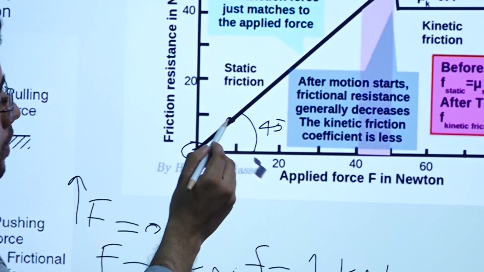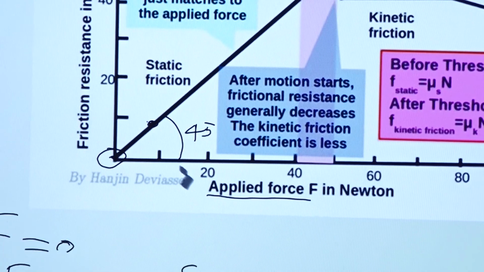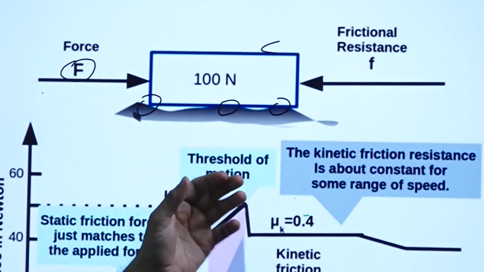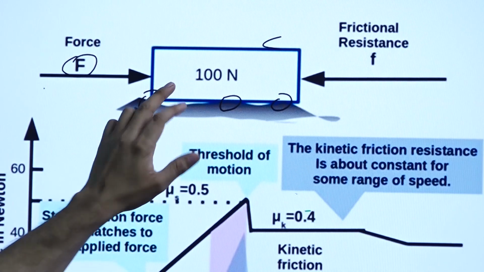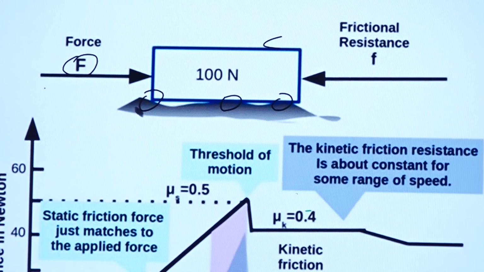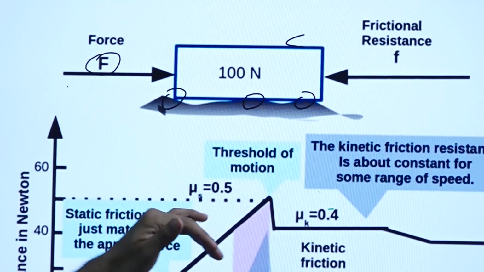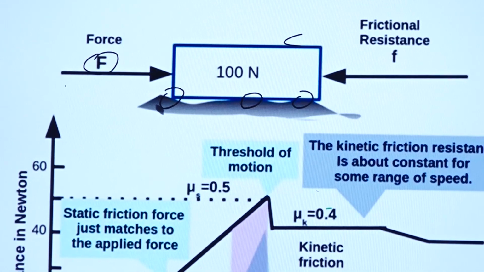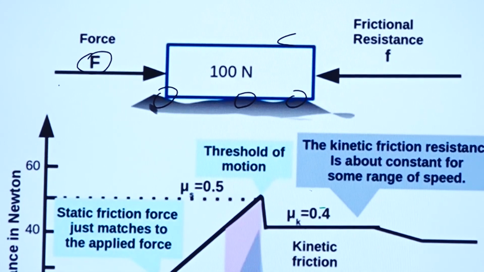So at this point, the applied force is suppose 1 kilonewton, then the friction force will be 1 kilonewton. Whatever force you are applying, the frictional force is causing a resistance. That is the reason this body is in equilibrium. Why is this body in equilibrium? Because suppose you are applying 1 kilonewton force and it is not moving, then there must be a frictional force of equal magnitude and reverse direction, right?